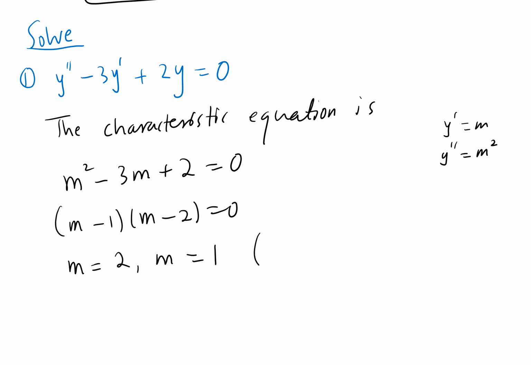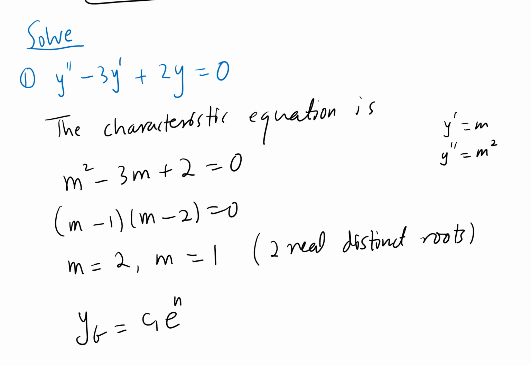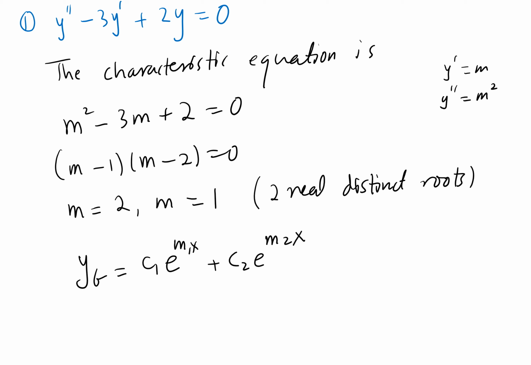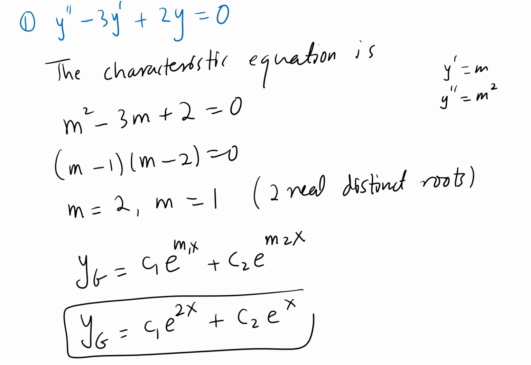These are two real distinct roots. So that tells me case 1. Case 1, the general solution for case 1 was C1 e to the m1 x plus C2 e to the m2 x. Y general is C1 e to the 2x plus C2 e to the 1x. That's the solution.